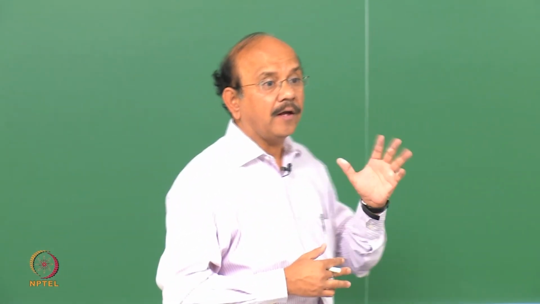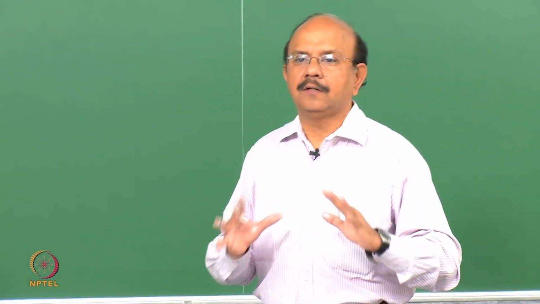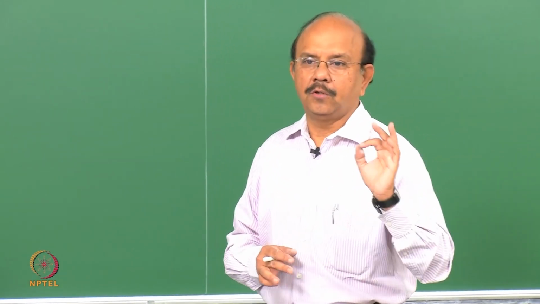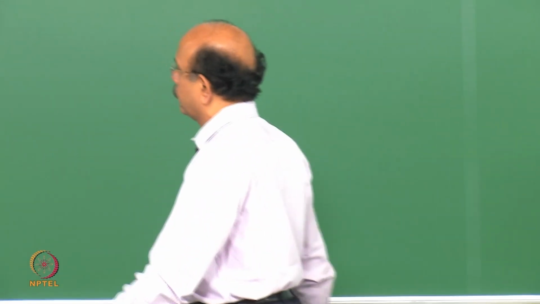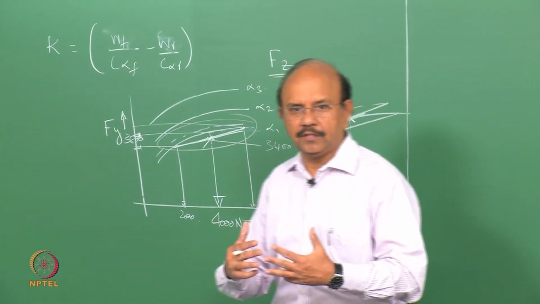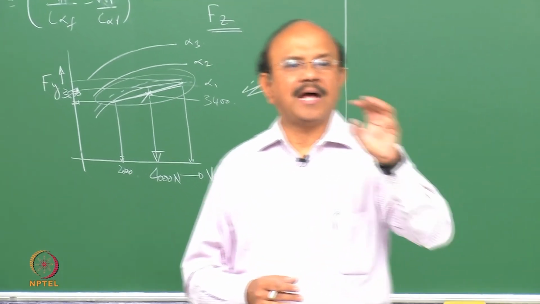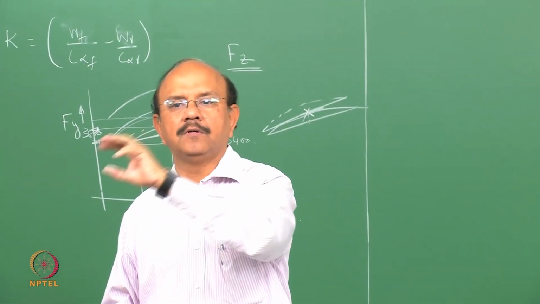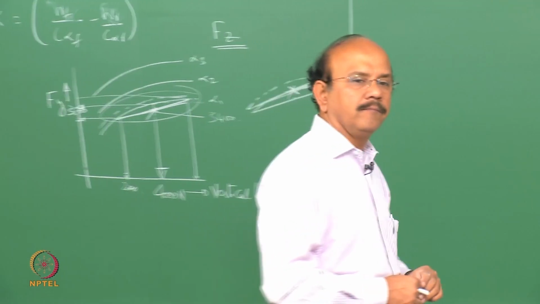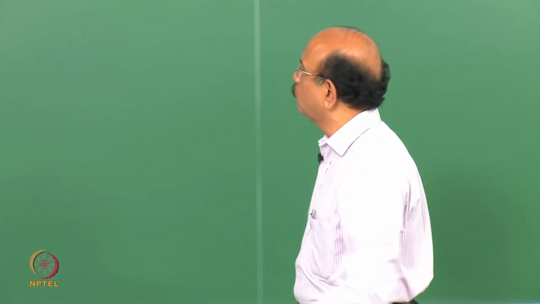So alpha f and alpha r are going to have an effect on the understeer gradient. So the very first thing is that due to this roll, there is a change in the operation of alphas, and hence I have to have an additional term to my understeer gradient.